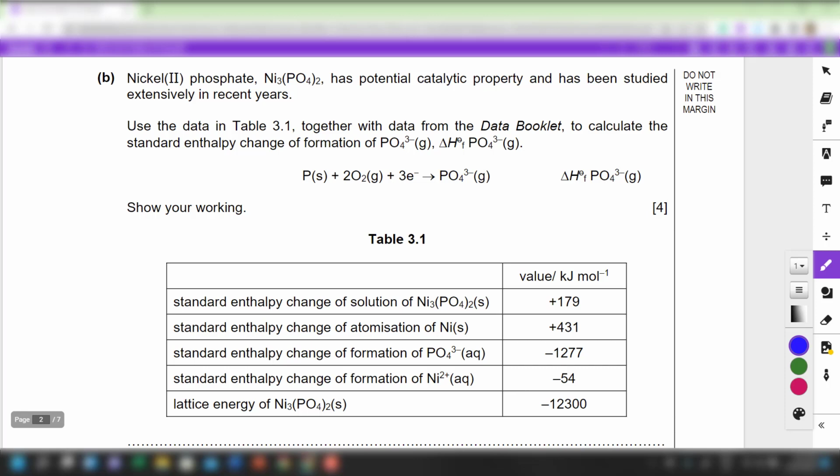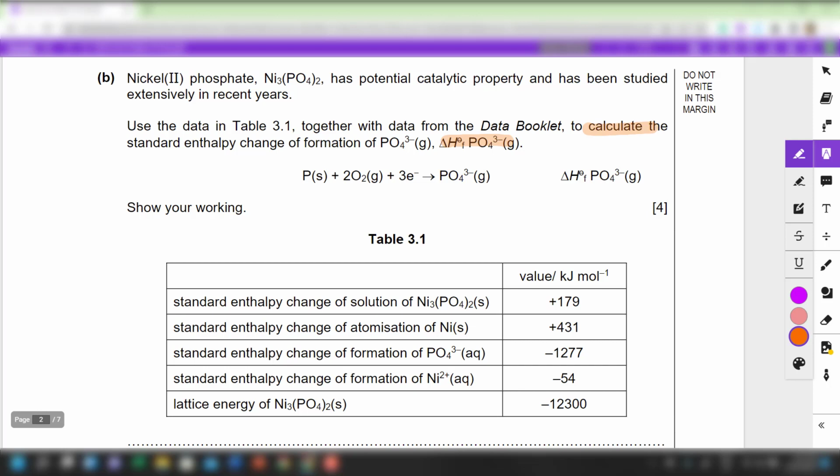Okay, so to begin with, you need to look at the information given to you on the enthalpy changes or the energetics terms. First of all, what you are required to do is to calculate the enthalpy change of formation of PO4 3- gaseous phosphate.